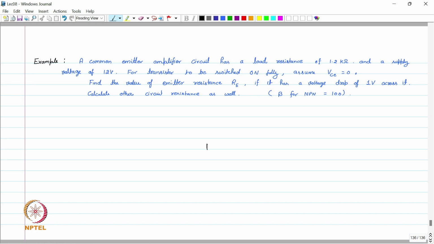So we have this NPN transistor. The collector resistance or RC will come out as 1.2 kilo ohm. This is 12 volt.